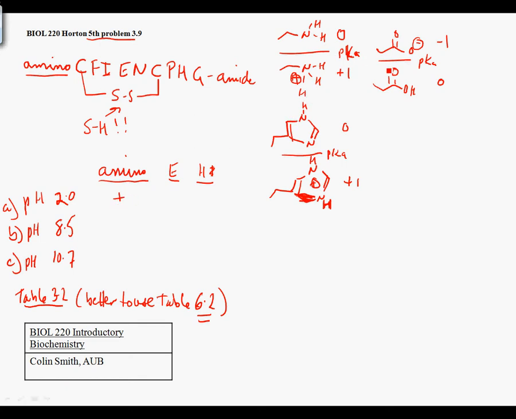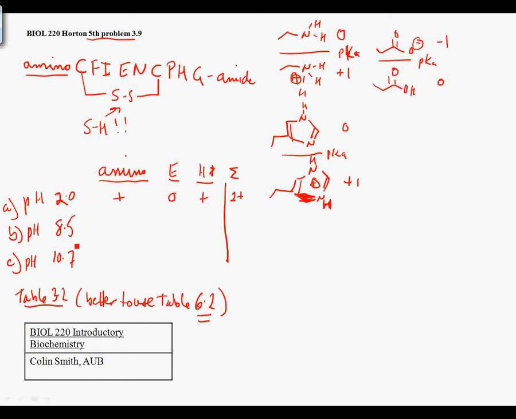At pH 2, the glutamate will be neutral, and the histidine will be protonated, and the sum of those is going to be 2+. So this synthetic peptide, amidated with the disulfide bond, at pH 2 should have a charge of +2.